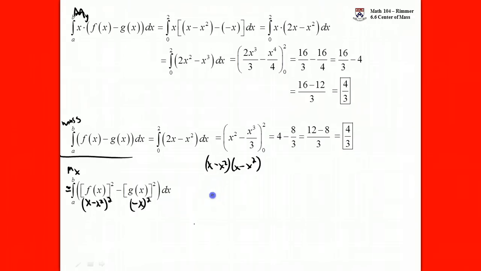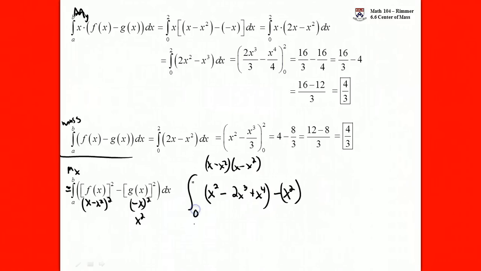Okay, so that is x squared minus 2x cubed plus x to the 4th when you square that out. Now, when you square minus x, you get x squared. So from that, we're supposed to take away x squared.